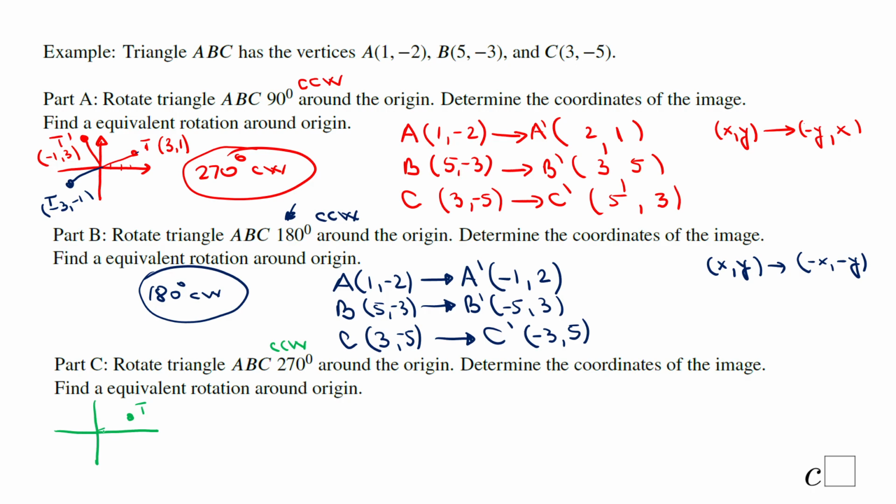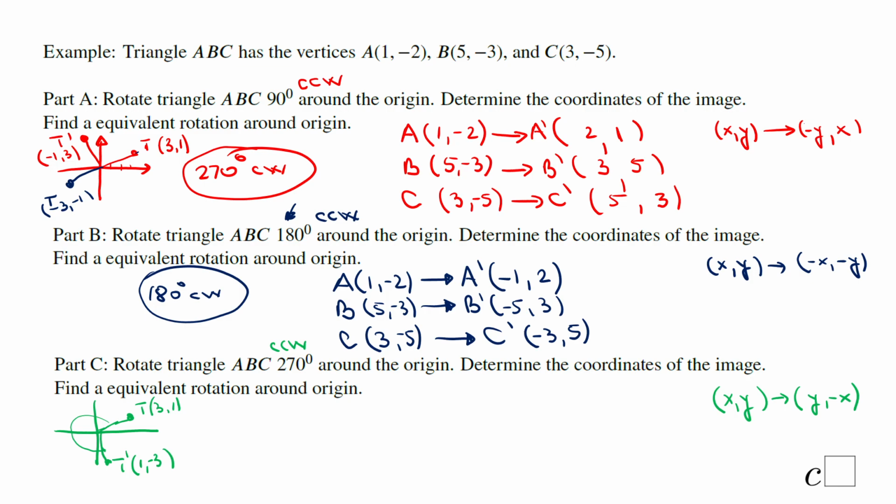But if this point is here at 3 and 1, you rotate it 270 degrees, going to be somewhere here. And what will be that guy? That guy will be 1 and -3. So what's the rule? XY becomes y and -x. So switch them, decoordinate the position, and change the sign of x.